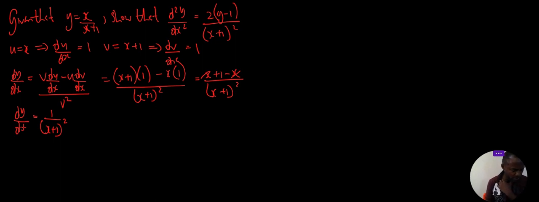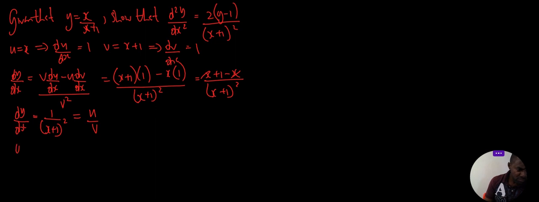Now, we're not finished because obviously we have to find the second derivative. What we'll do is still treat this as a quotient, u over v, and of course we'll apply the quotient rule. So let's do that.